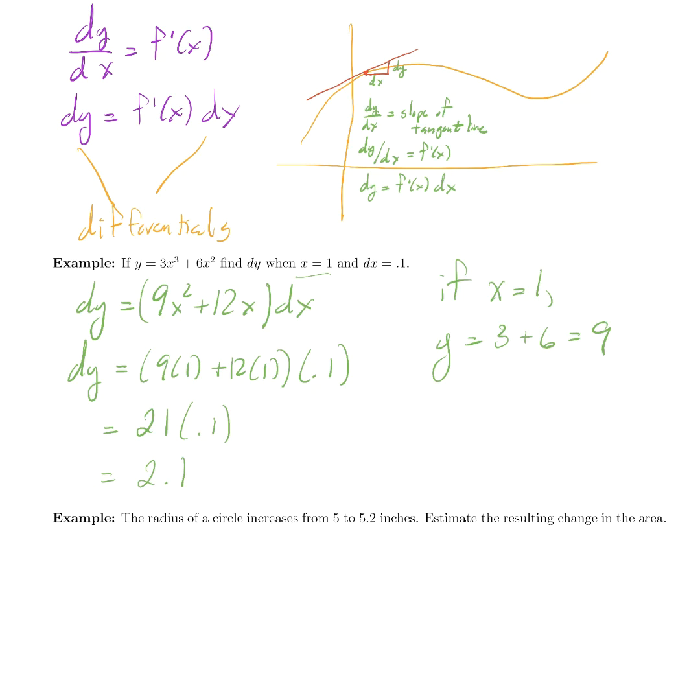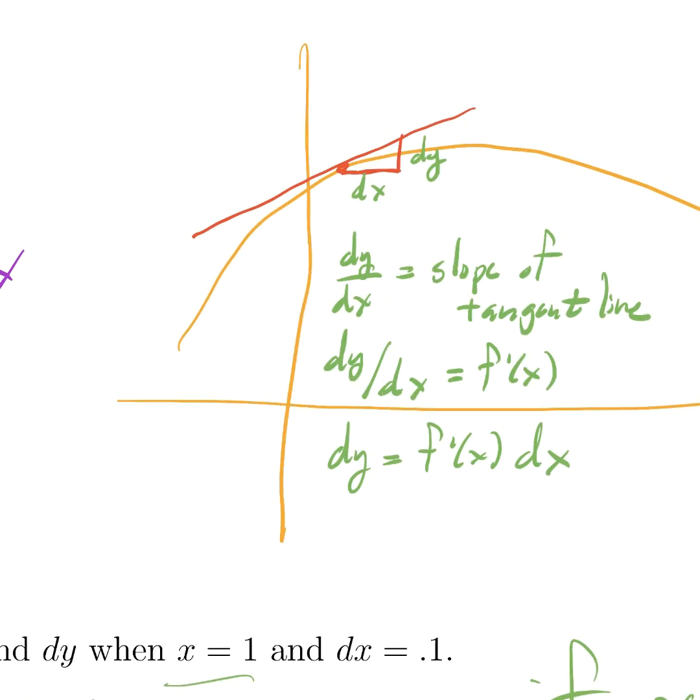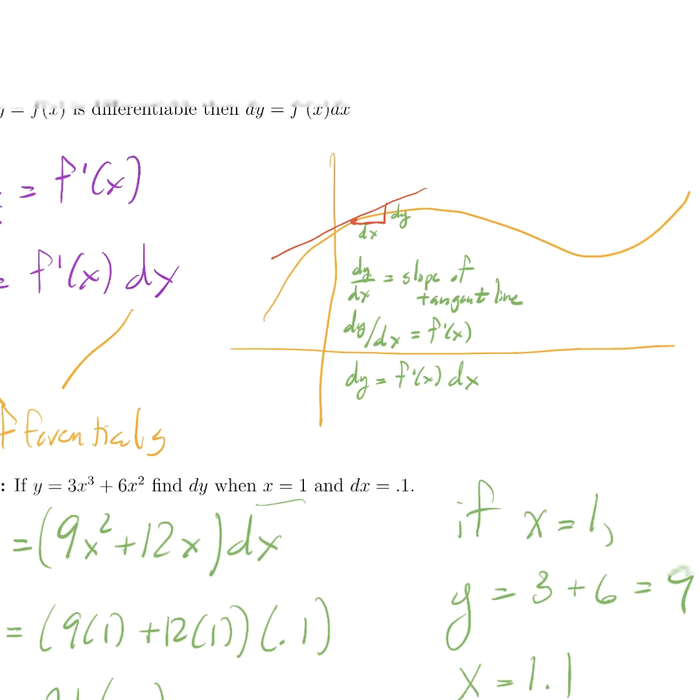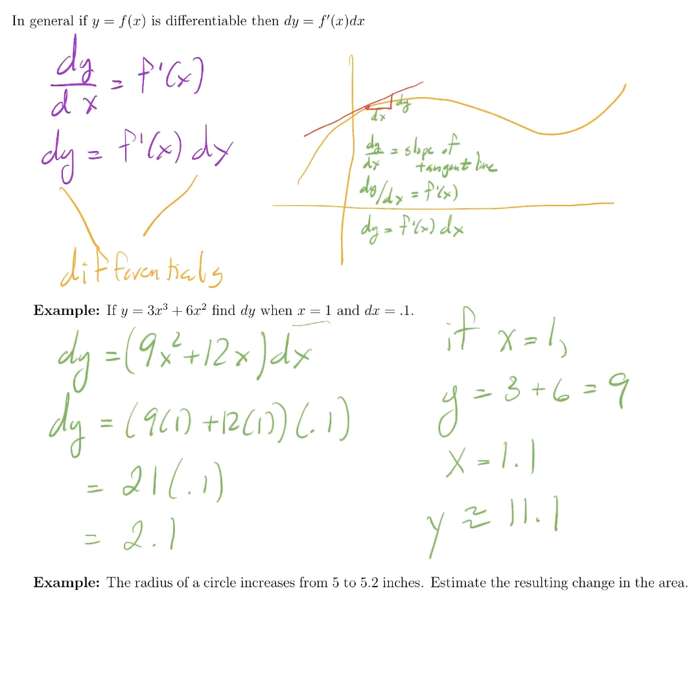This tells us that if we move over to 1.1, by 1/10, y should go up by approximately 2.1. So y is approximately 11.1. We use that little change on the x-axis to find the corresponding change on the y-axis to allow us to estimate the value of the function.